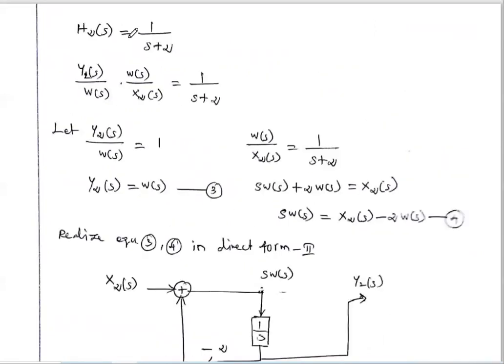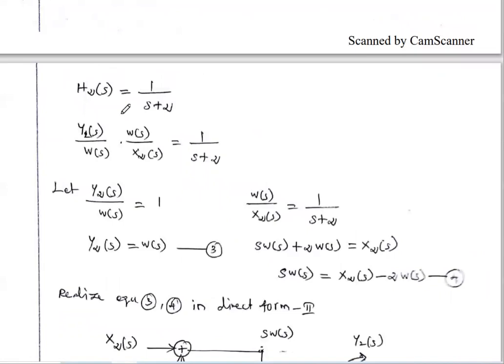As per procedure, H2 can be expressed as Y divided by X, and you multiply W and divide W, which is equal to 1 by S plus 2. And this Y divided by W, you take as numerator 1, and W divided by X you consider as 1 by S plus 2.